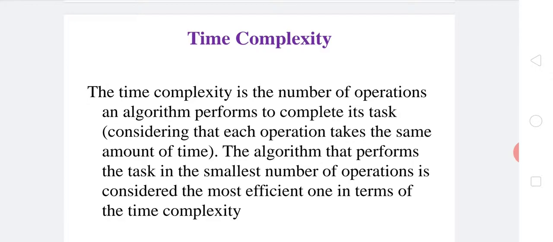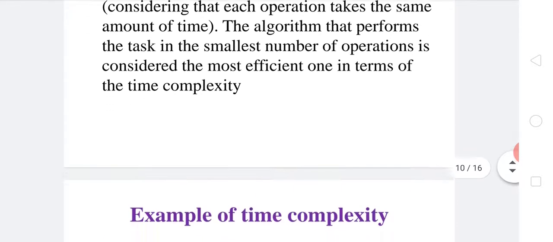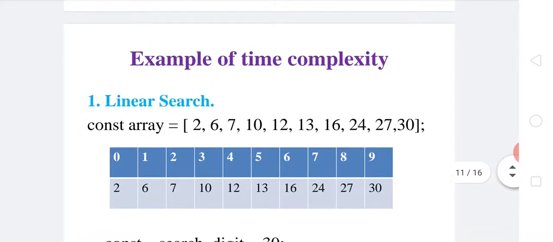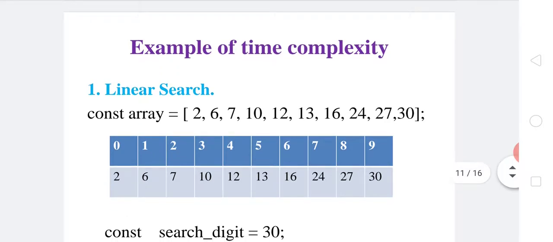Now, to understand the time complexity, we will take an example in which we compare two different algorithms used to solve a particular problem. The first example of time complexity is linear search.